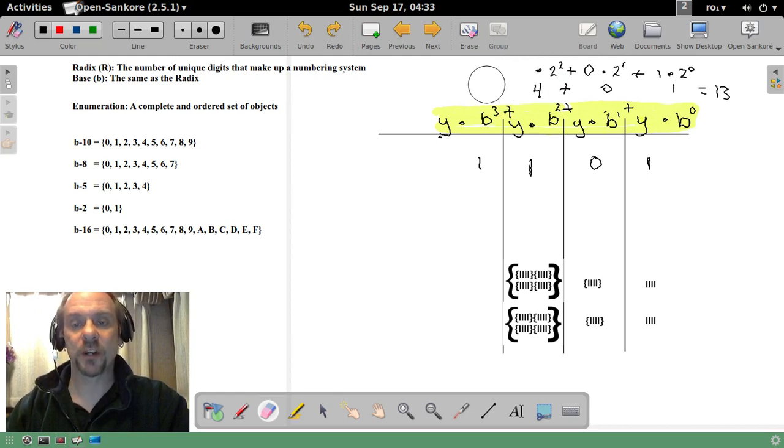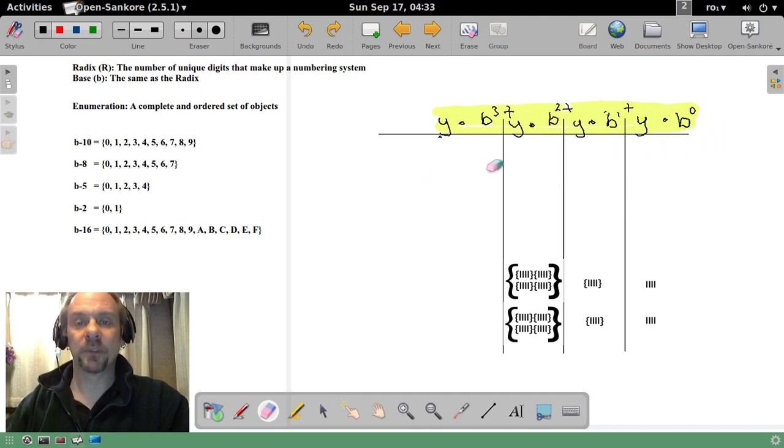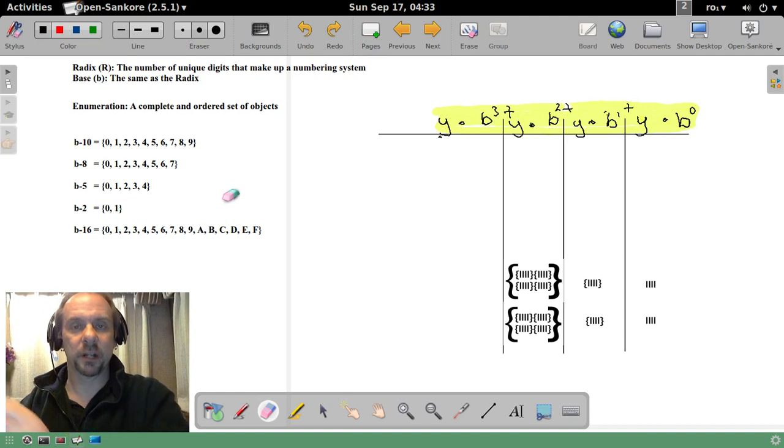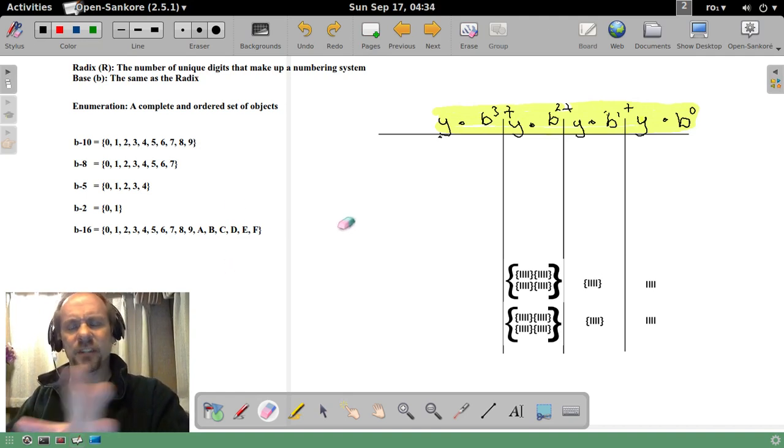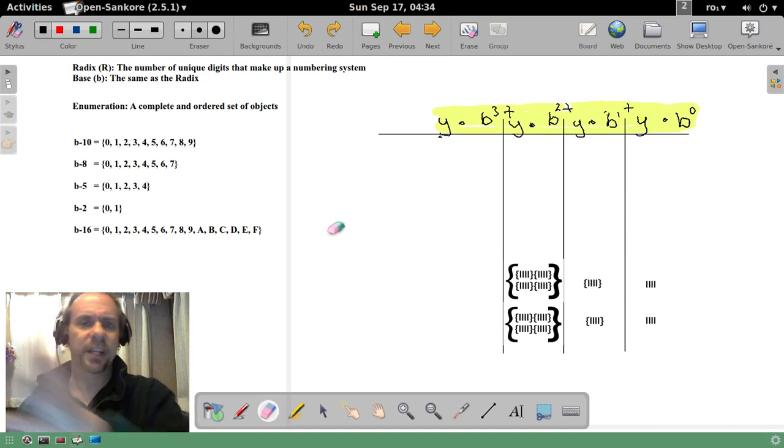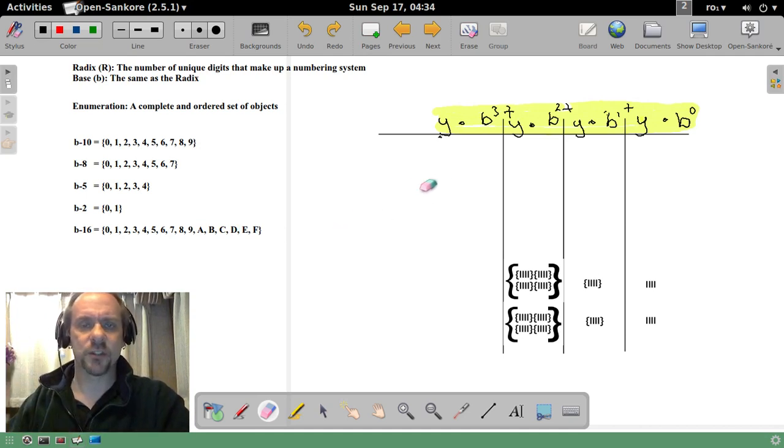But just before I do that, I want to revisit a couple of really important things, because we're going to go over this converting and arithmetic again in the next couple of sections. So we're going to revisit this stuff.